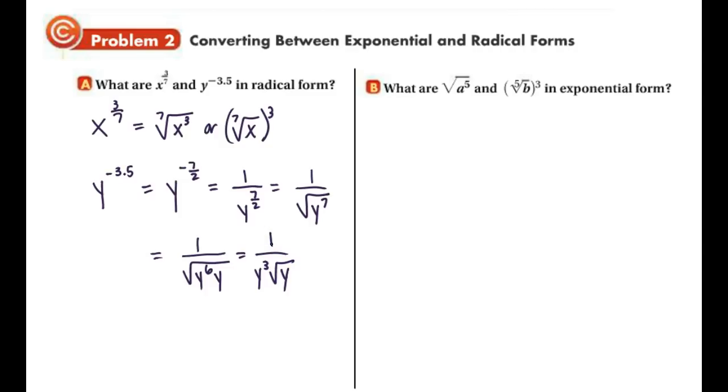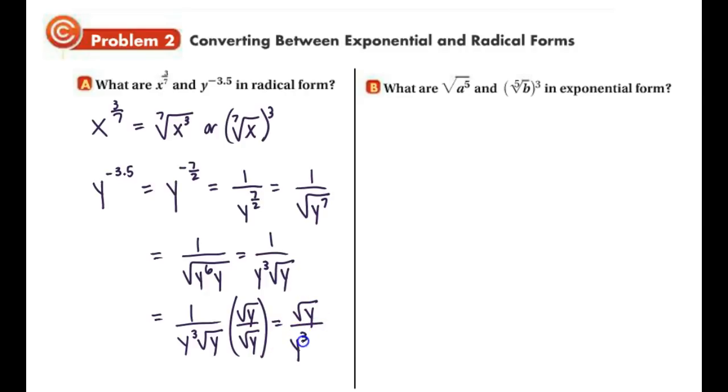Remember from previous lesson videos in this chapter that we do not want to stop there. We don't want to have a radical in the denominator of our answer. So I'm going to drop that down. And in order to take care of that issue, we need to multiply by the radical itself. So square root of y over itself, so we are essentially multiplying by 1. So that means I have square root of y in the top.